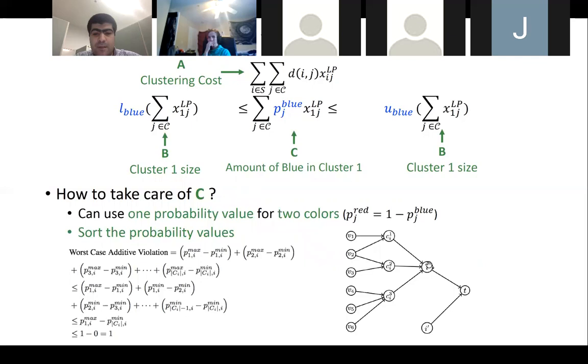And the constraints of the network flow diagram enable us to bound the additive violation. If you actually go through it, you'll end up with a telescoping sum. So you have P1 max minus P1 min, then plus P1 min, they end up canceling out. And then you're just left with P1 max minus P min. The maximum value is 1, the minimum value is 0, and so this is at most 1.